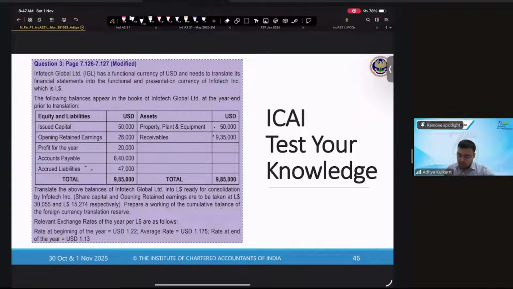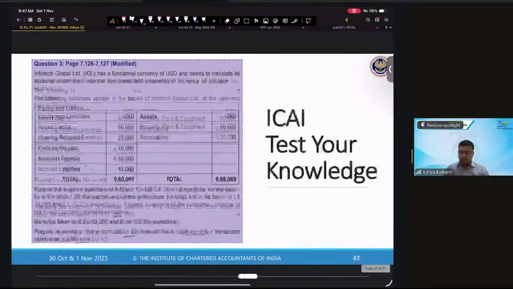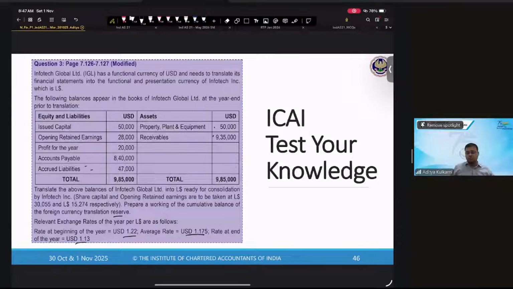Prepare a working of the cumulative balance of the foreign currency translation reserve. Relevant exchange rates per L dollar are as follows. Rate at beginning of the year 1.22, average 1.175, and at the end of the year 1.13. So can you try doing this right now?